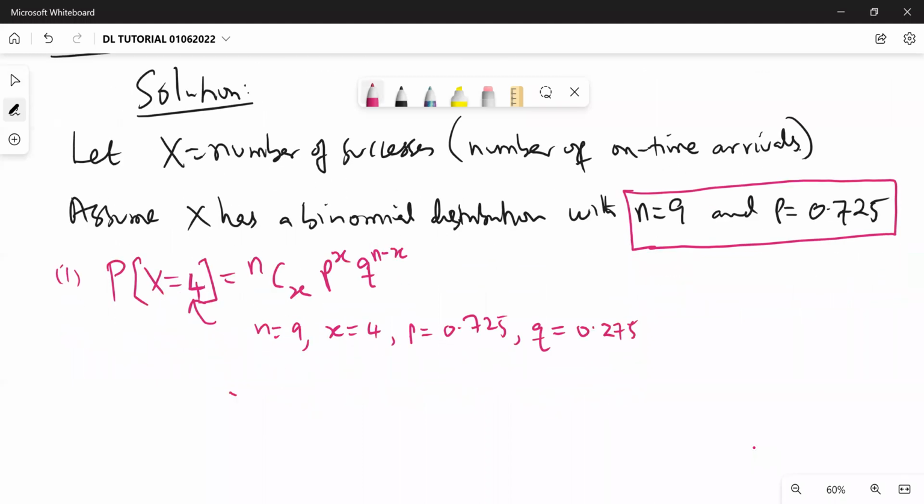So this will be equal to, from 9, you choose 4, multiply this by 0.725 power 4, multiply by 0.275 power 9 minus 4, which is 5.